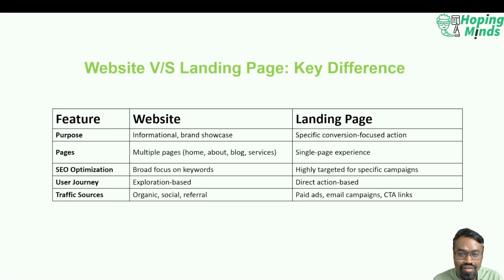But we cannot just run any kind of paid ads for a website to get proper conversions, right? For paid ads to get conversions, we should have a landing page. So you should keep this in mind further.